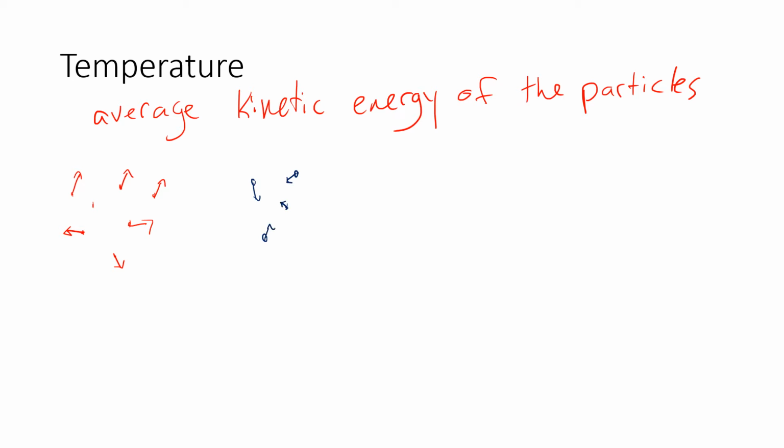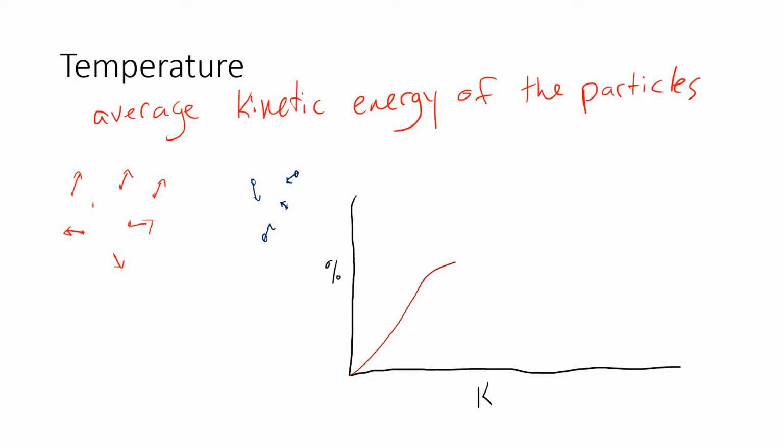All right, so what you might have seen before is there's a wonderful graph that represents this. Okay, on the bottom we have your kinetic energy, and on the top is the percent. So it's just a frequency graph. So what's going to happen is if you're at a particular temperature, it's going to go up, it's going to curve, and it's going to go down, and it's going to do an asymptote here.